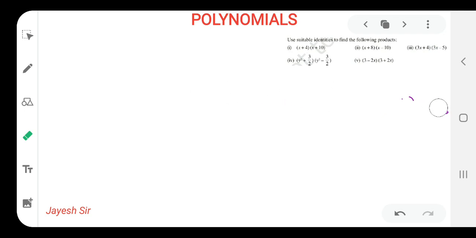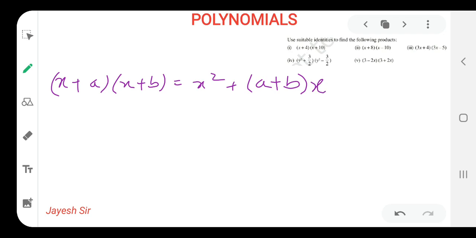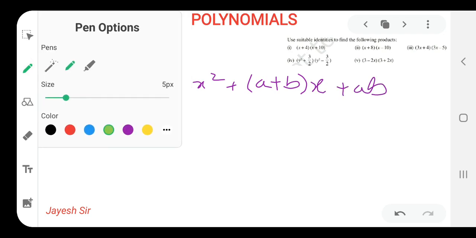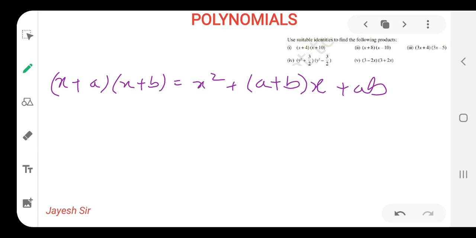I am writing the formula first: (x + a) into (x + b) is x square plus in bracket a plus b, x plus ab. After writing the formula we just have to put in the question so that we can easily solve. Now I am writing the question.